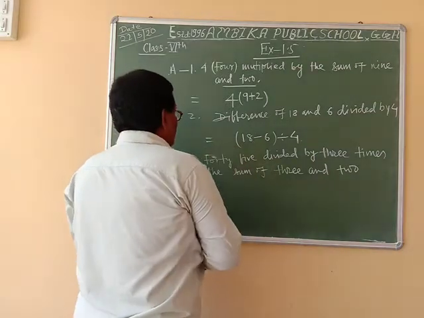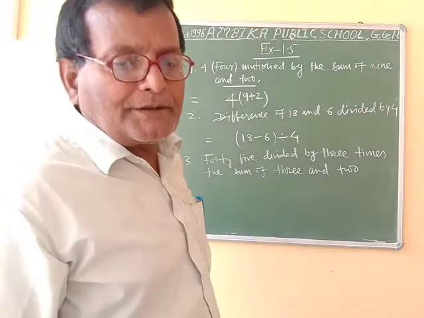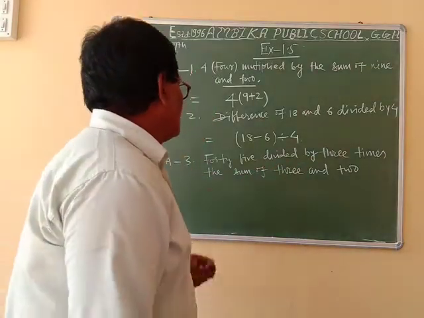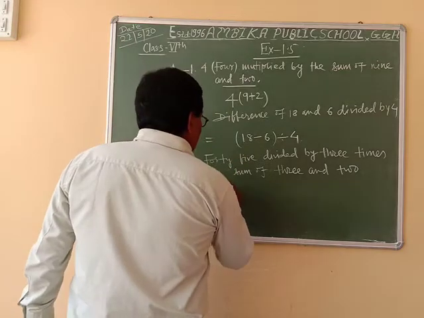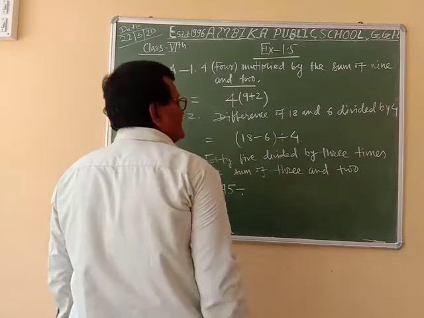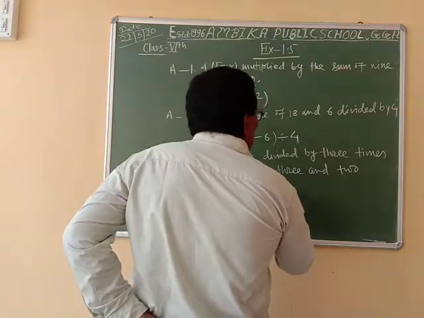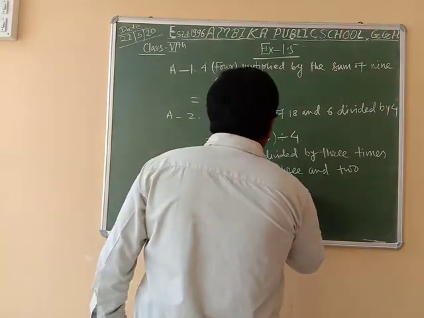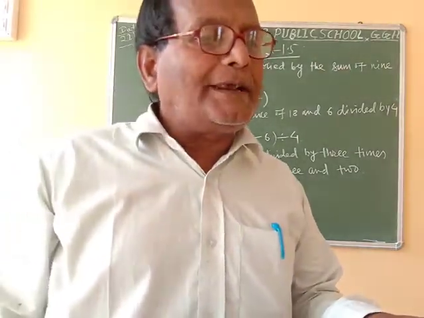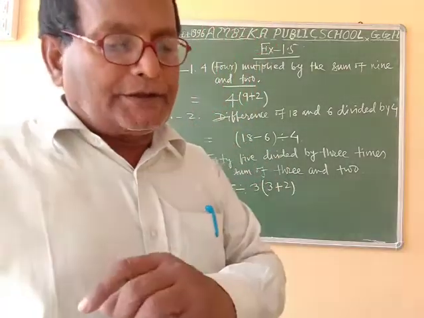This is a statement of question number 3. 45 divided by 3 times the sum of 3 and 2. So we can write 45 divided by 3 times the sum of 3 and 2. So we can write 3 into sum of 3 and 2, 3 plus 2. For this statement, using brackets, we can write 45 divided by 3 into 3 plus 2.